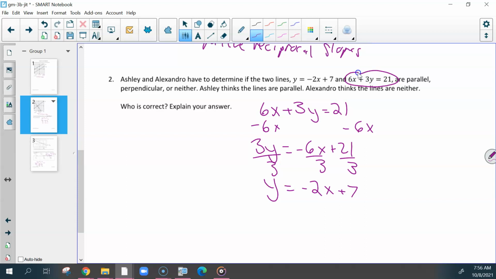But because they actually go through the same point, it's actually neither. They're actually the exact same line. I missed that. So they're always intersecting because they lie on top of one another, so they can't be parallel.